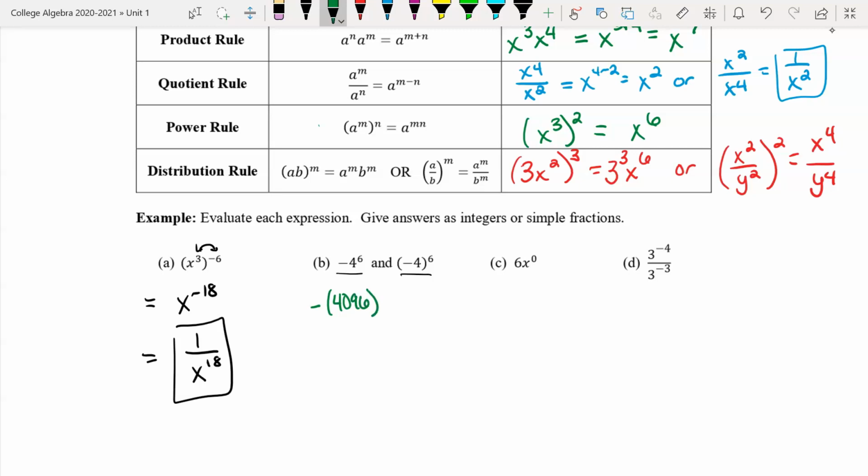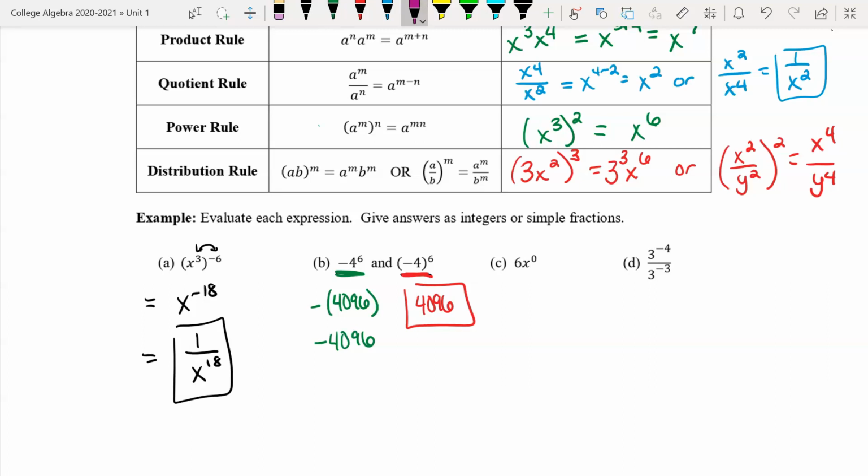However, there's a negative on the outside, so you multiply by a negative. The answer would be negative 4,096. But if I put it in parentheses, that's negative 4 times negative 4 times negative 4 times negative 4 times negative 4 times negative 4, and you get a positive 4,096 because the negatives cancel out. So just be careful of that.